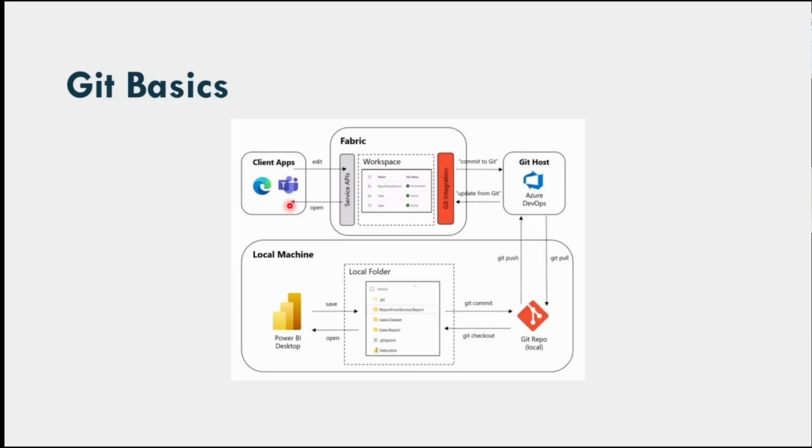If you use TMDL, for example, the Tabular Model Definition Language, it is also a recommendation to turn on this feature, because instead of storing your semantic model data in JSON, now you can store it in TMDL, which is human readable and easy to interact with, and also very easy to parse with other tools like Python.